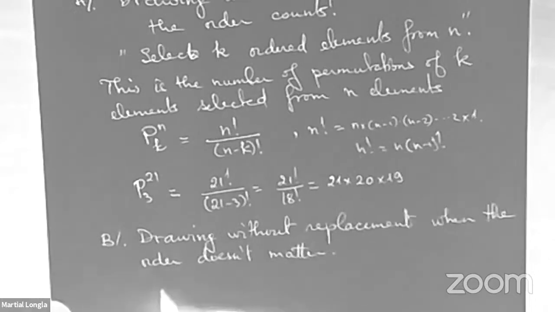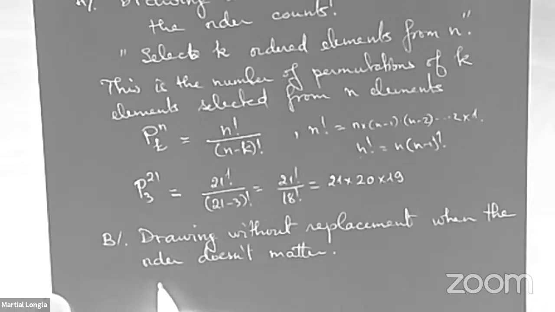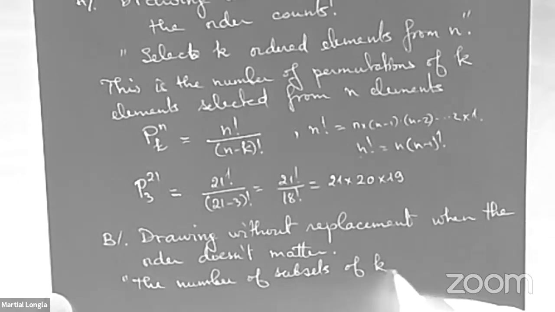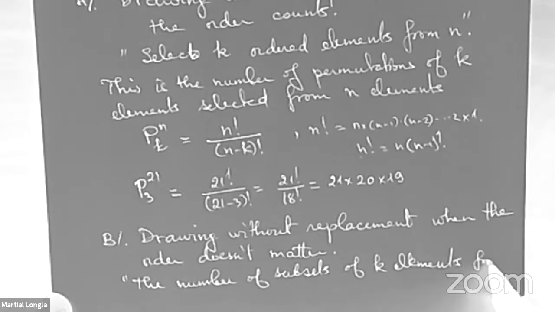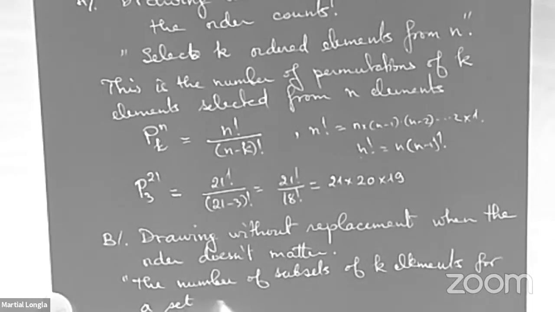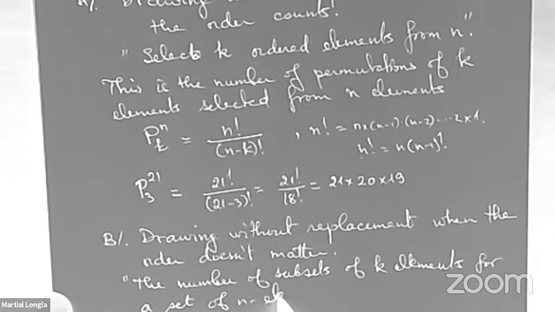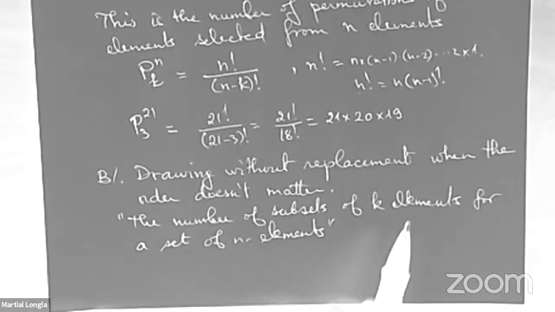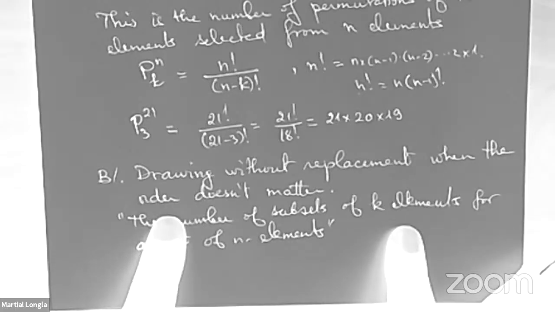So here, we call this also the number of subsets of k elements for a set of n elements. This is the second example that I was giving you, that you can decide to take everything at the same time. If you take everything at the same time, then it's a subset that you're taking, right?